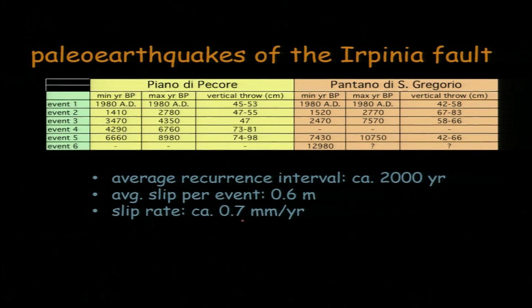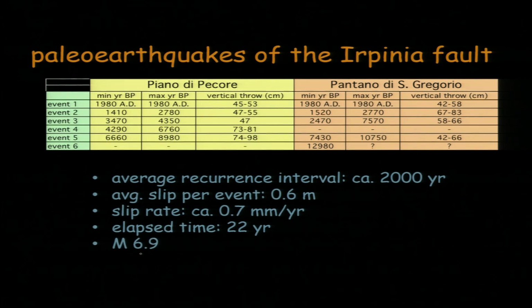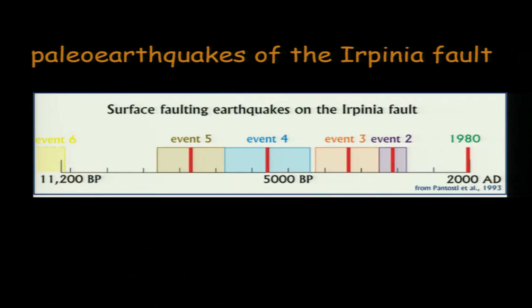The slip rate was calculated per year, taking into consideration the age and the slip per event. So the elapsed time is around 22 years, and the magnitude was picked up for each event, including the magnitude of the 1980 earthquake. This was magnitude 6.9. So surface faulting earthquakes on the Irpinian fault, this is what has been given.